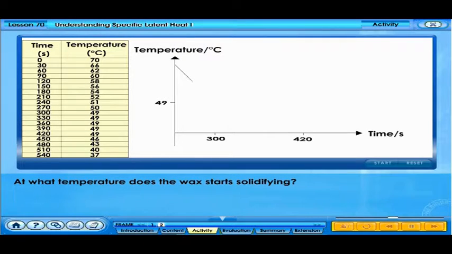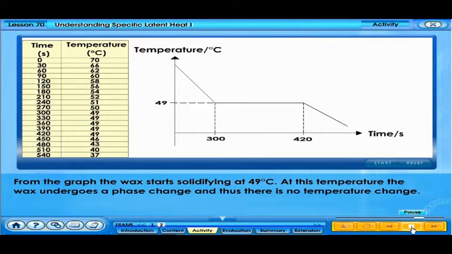At what temperature does the wax start solidifying? From the graph, the wax starts solidifying at 49 degrees Celsius. At this temperature, the wax undergoes a phase change, and thus there is no temperature change.